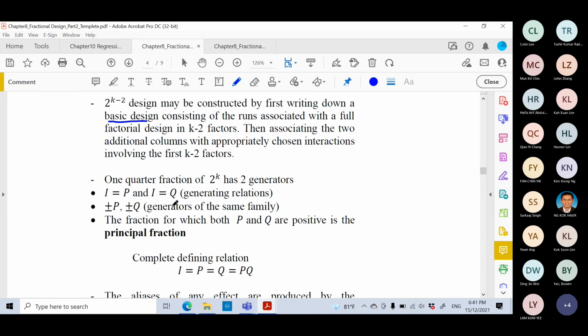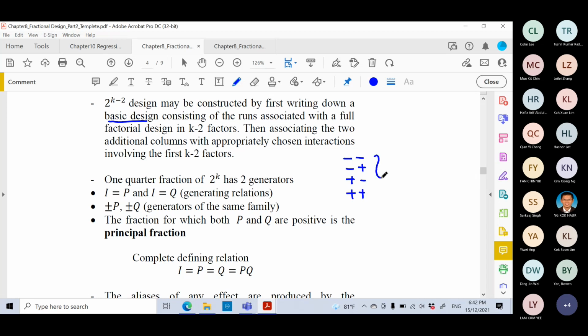If you recall the 1/2 case, P is either run on the positive side or on the negative side. Similarly for the 1/4 fraction, you have plus minus P and plus minus Q. So under the 1/4, you can have minus minus, minus plus, plus minus, or plus plus.